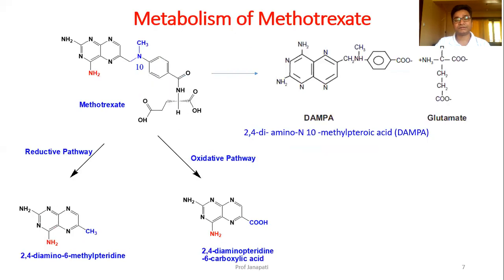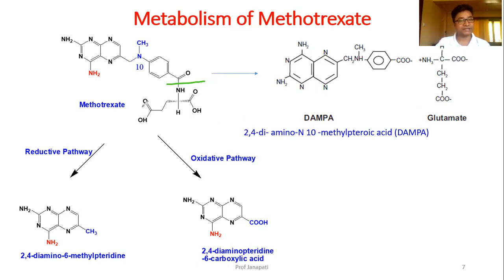Now, see the metabolism of methotrexate. It breaks this peptide bond. Then you get this molecule DAMPA, which is called diamino methylene pteroic acid, and glutamate. This is natural.